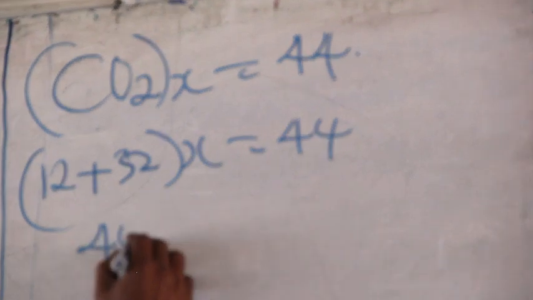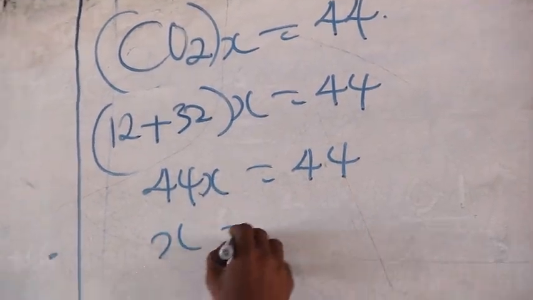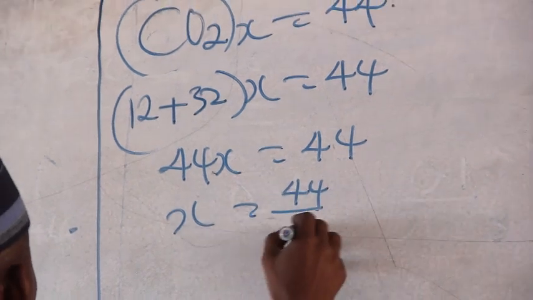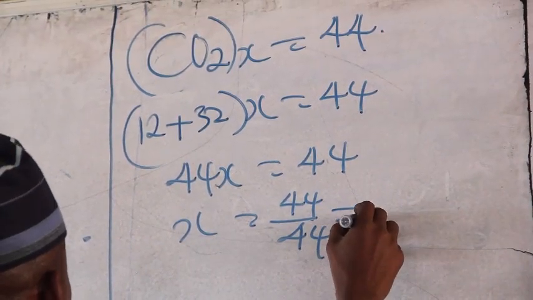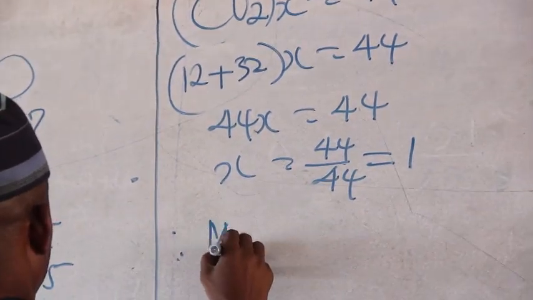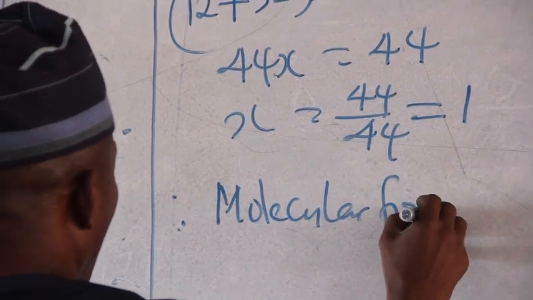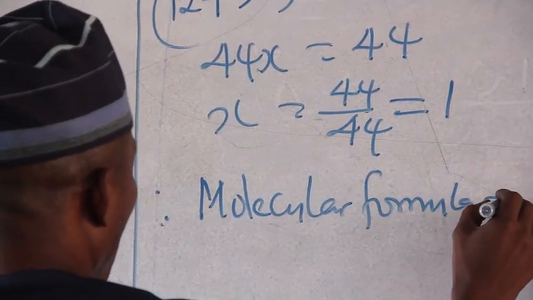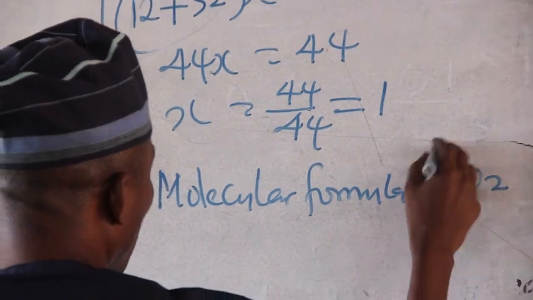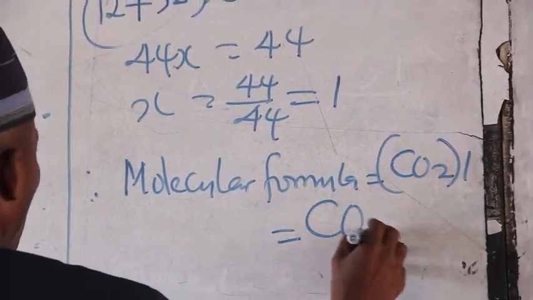So that means 44x is equal to 44. x is equal to 44 divided by 44. And that gives us 1. Therefore, the molecular formula will be equal to CO2 times what? 1. And that is CO2.